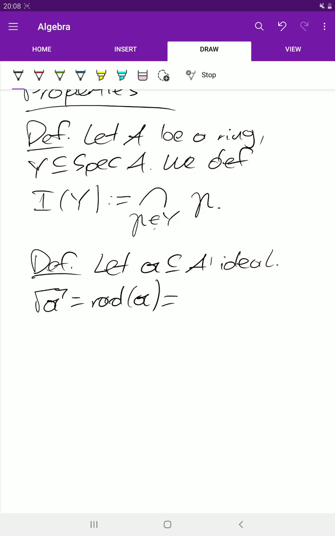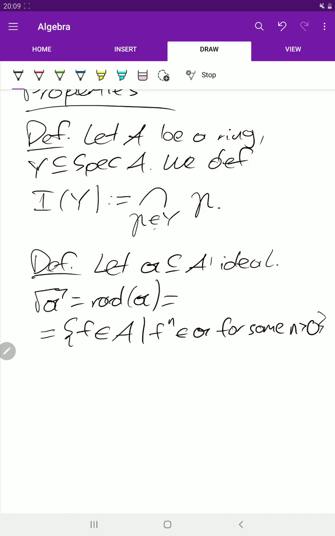So let's define it. That's the set of elements f in the ring such that f to the n is in A for some integer n bigger than 0.